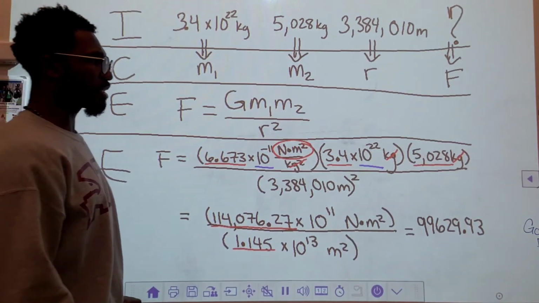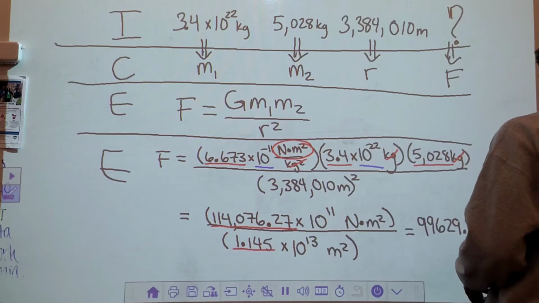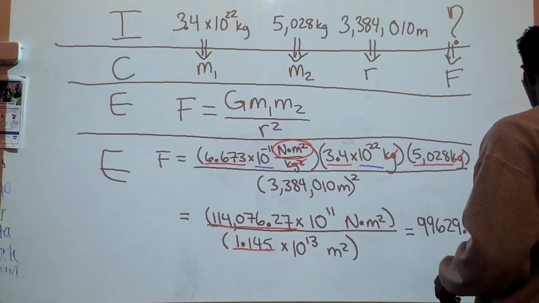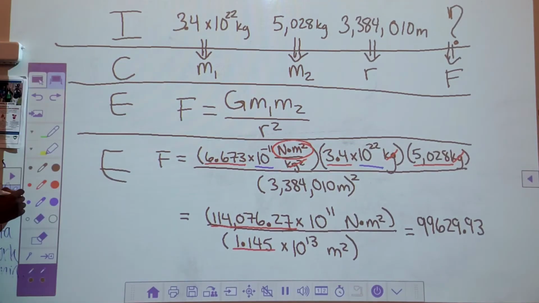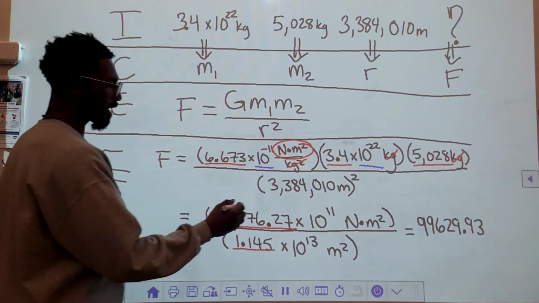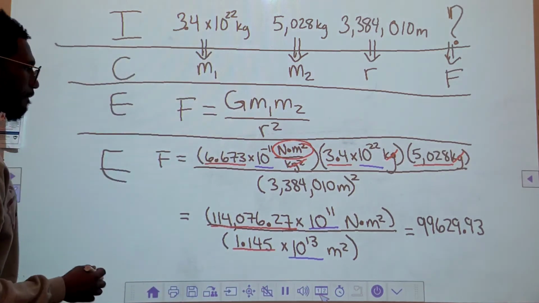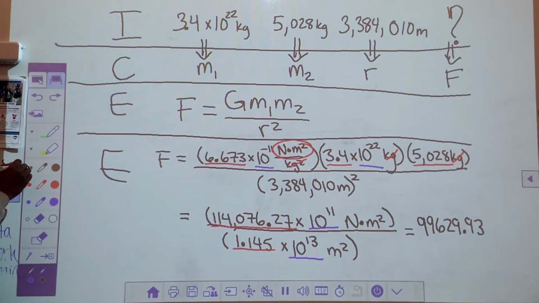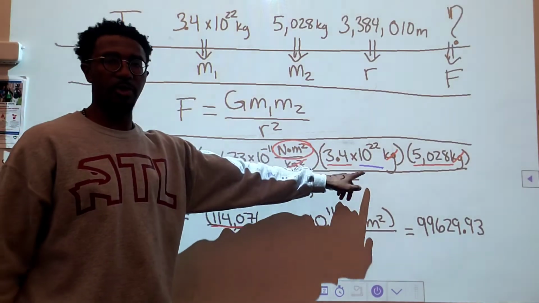Okay, so that is the number that I get. But remember, I still need my exponents, okay? So in order to do that, let me go ahead and figure out what exponents I have. So I've got 10 to the 11th, and 10 to the 13th. Okay? So when we multiply, we're going to add our exponents.